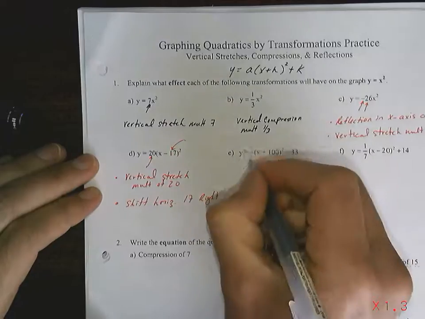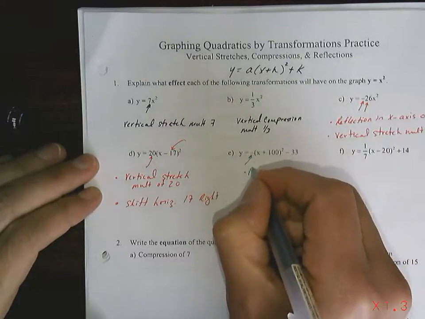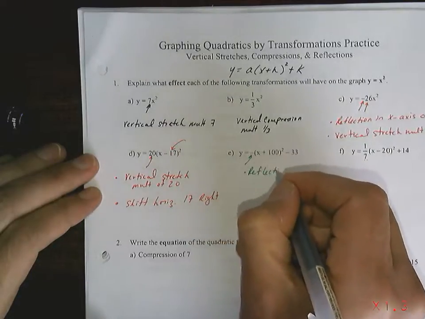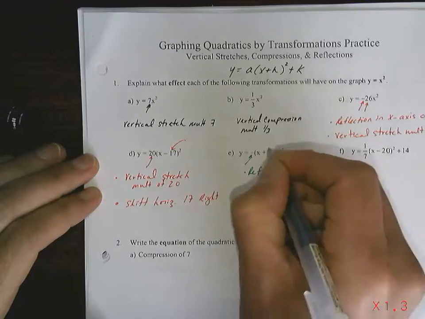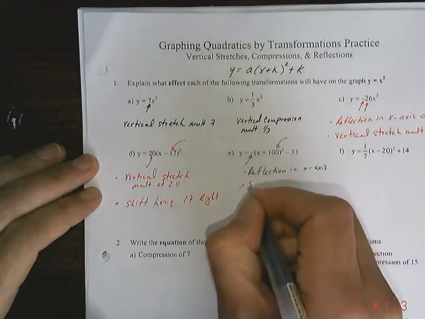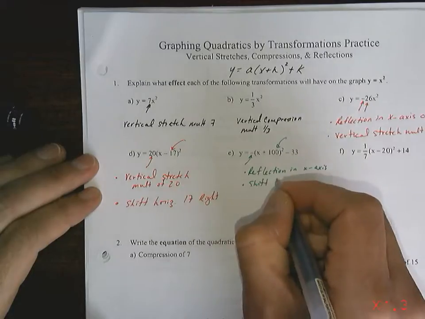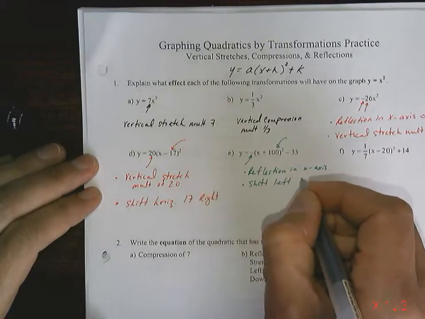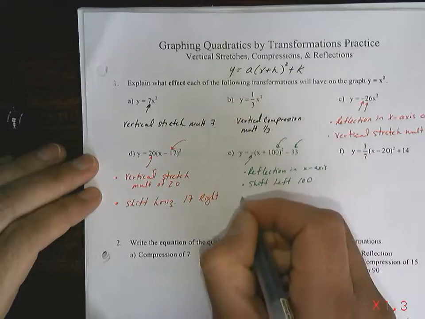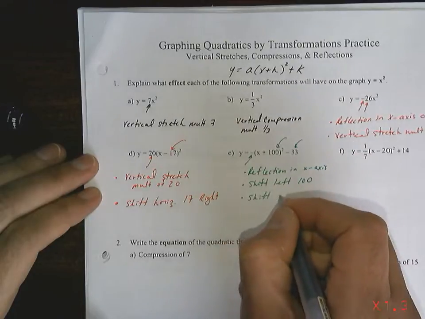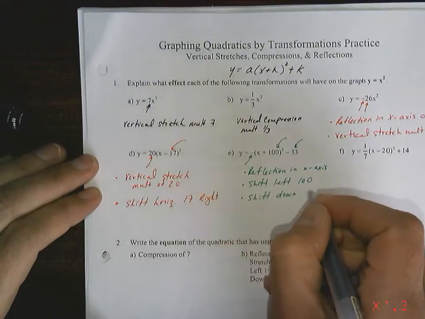Over here, we have a reflection in the x-axis. You have a shift left horizontally, 100. And you have a shift down 33 units.